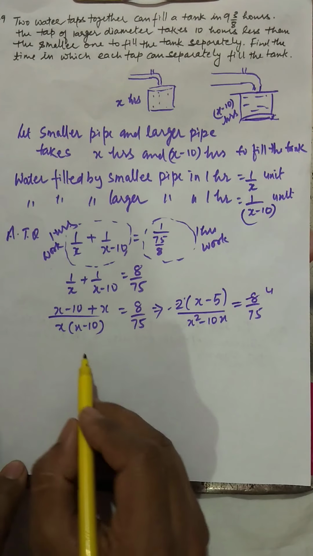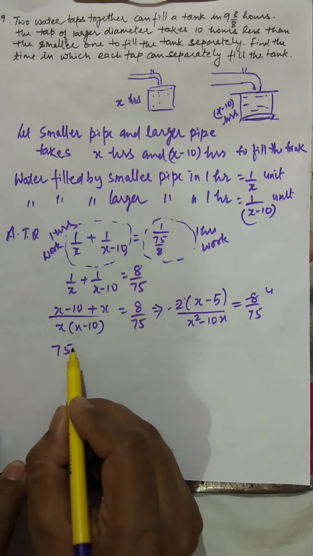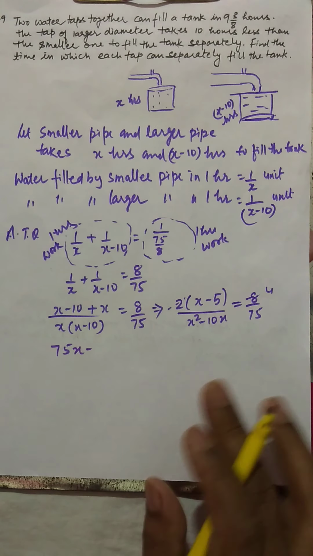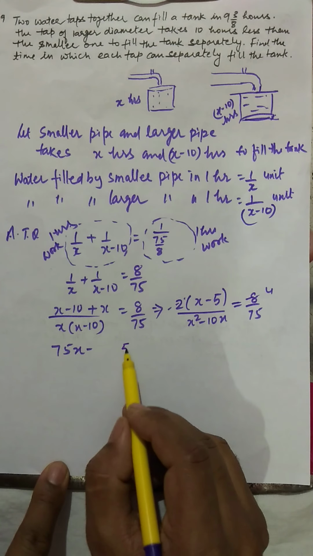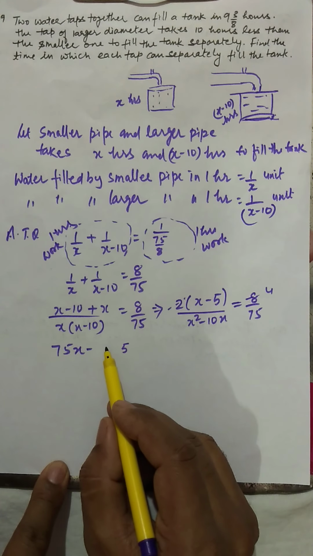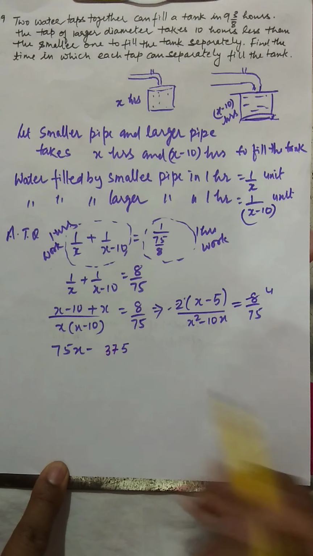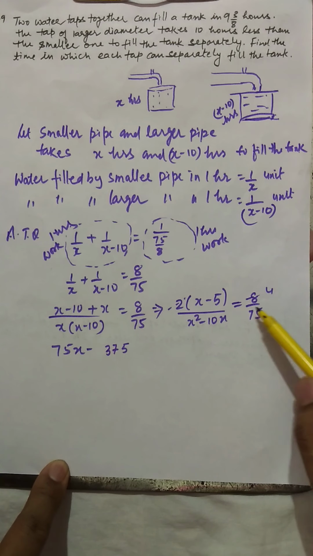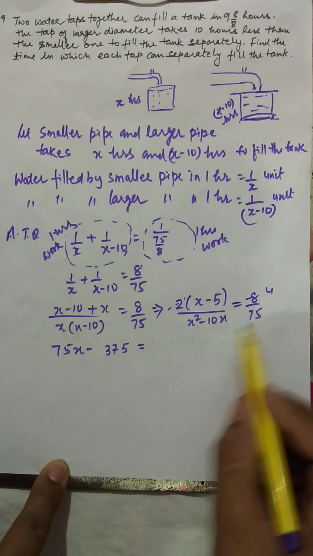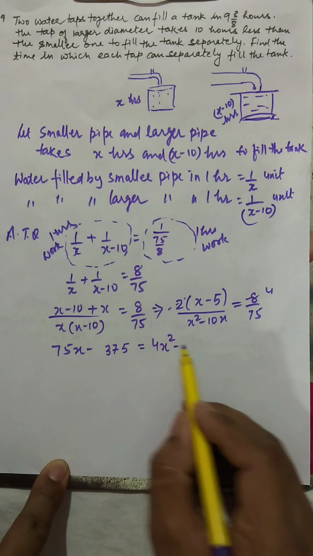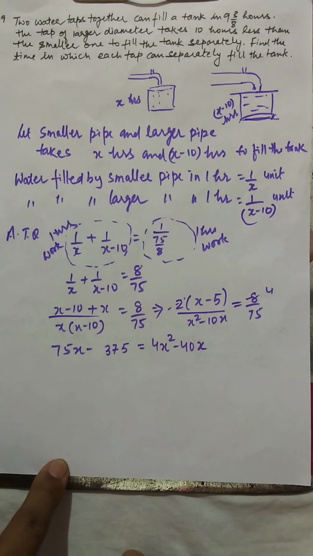Now you do the cross multiplication, this is 75x minus, this is 75 into 5, 5 5s are 25, 5 carry 2, 5 7s are 35 and 2 is 37, and this side will become 4x square minus 40x.